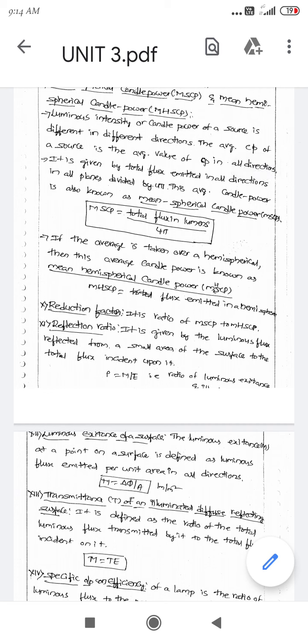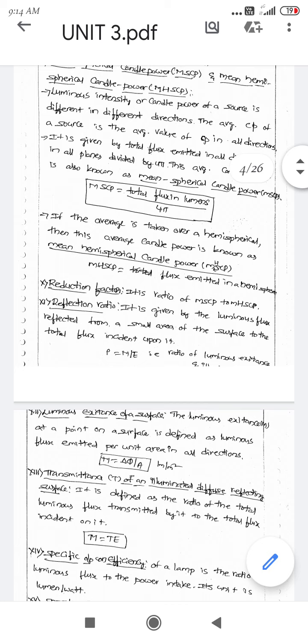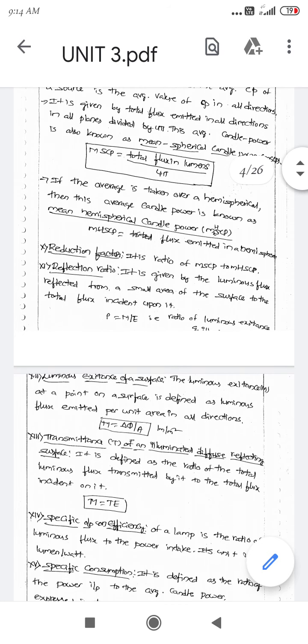Next one, reduction factor. It is the ratio of MSCP, mean spherical candle power, to MHSCP, mean hemispherical candle power.